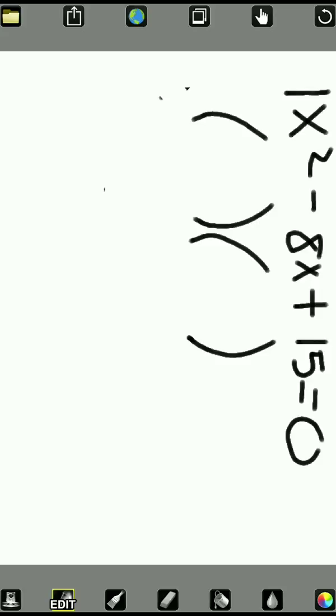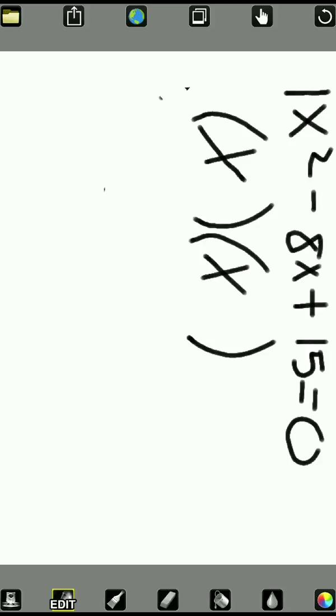And anytime there is a 1 in front of the x squared term, you know that your first two terms are going to be x in your parentheses. And now we need to pick two numbers that multiply to give us positive 15 and also add to give us negative 8.